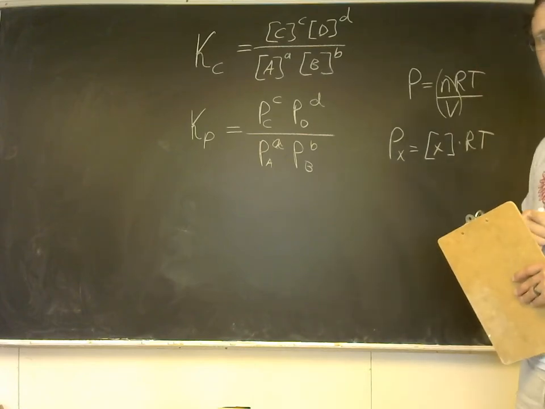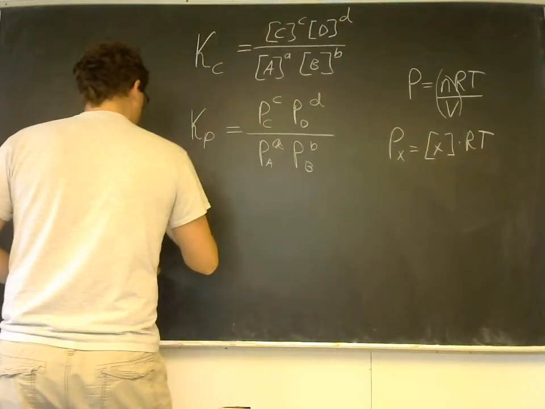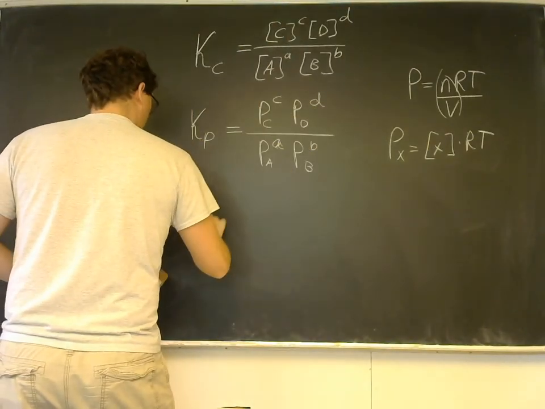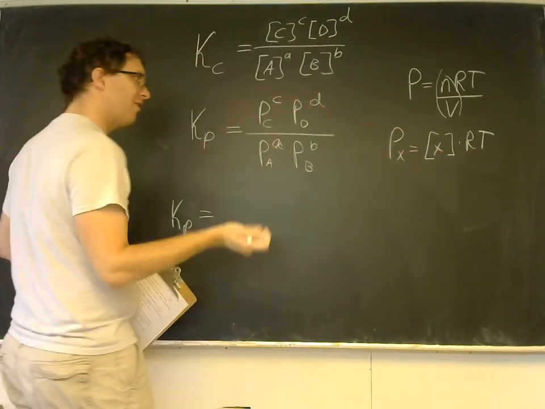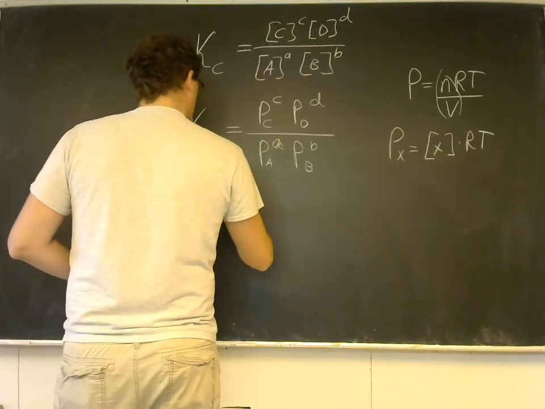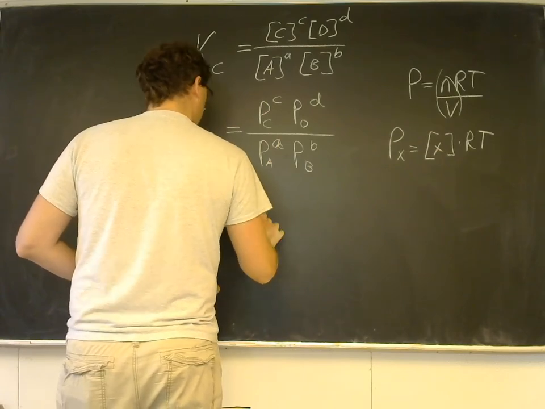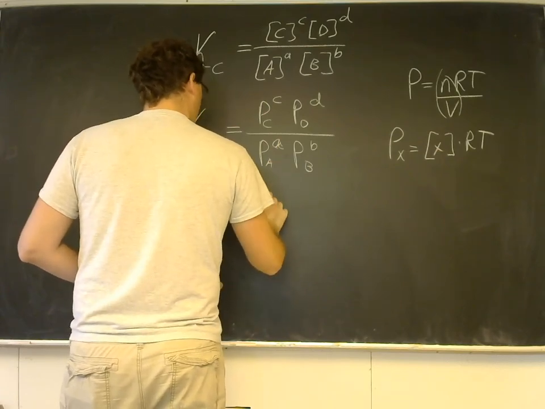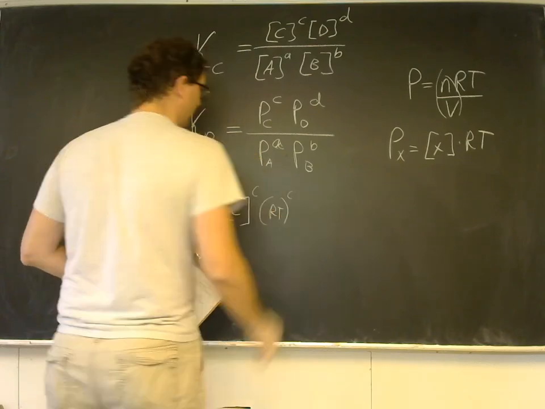Is that fair? If I look at Kp now and put this expression in for all of my pressures, then I would get the concentration of C raised to the power of c times RT raised to the power of c.